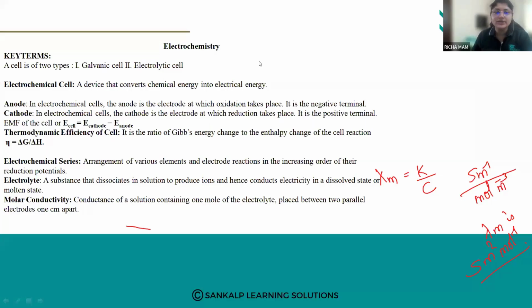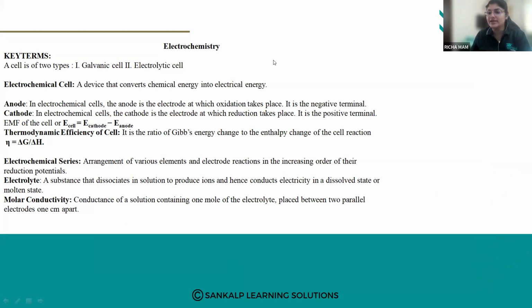We are going to discuss mainly two types of cell. The first one is the galvanic cell, and the second one is the electrolytic cell. Now, what do you mean by electrochemical cell? As I have told you, electrochemistry is a branch of chemistry which deals with the interconversion of chemical energy and electrical energy.